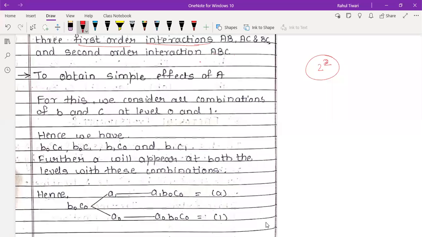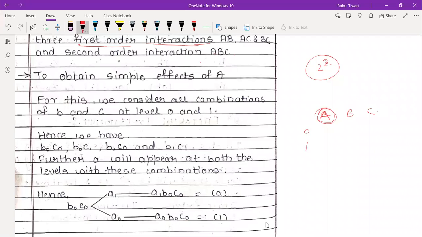So if you look at this, let's say A, B, C, and 0 and 1. A means I'm interested to get the effect of A. So you are going to measure the effect of A having all combinations of BC at level 0 and 1.